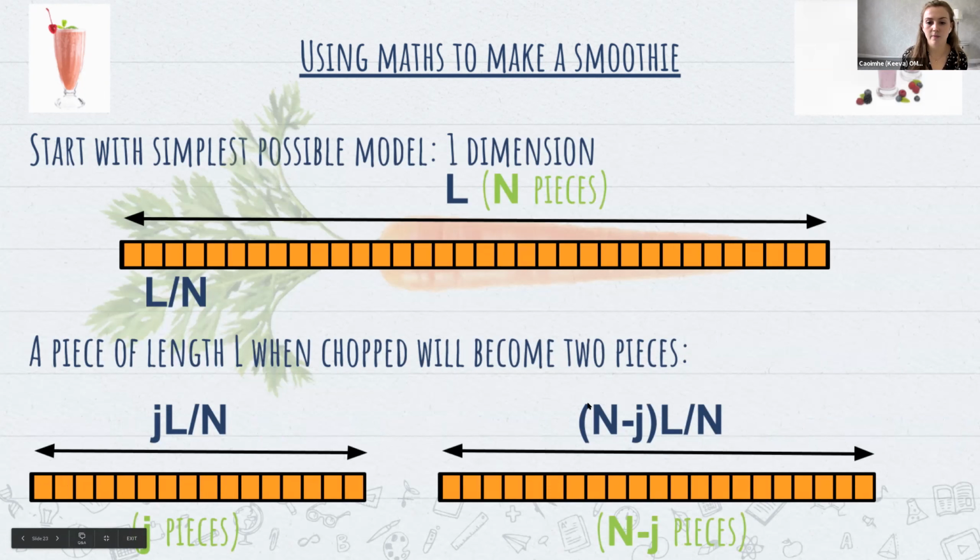And the other one must be of length (N minus J) L over N, so it's made up of N minus J pieces. You can see when you add those two back together, you get back to your long piece. So that was how we started the model, as simple as that.